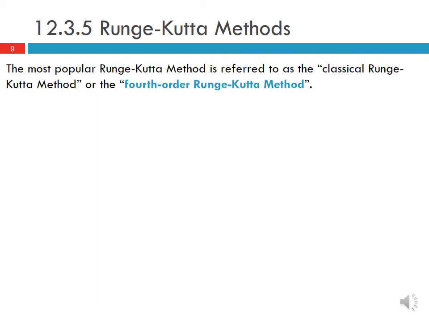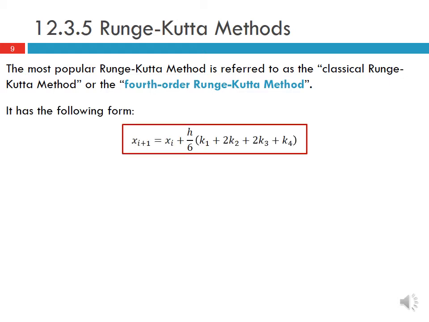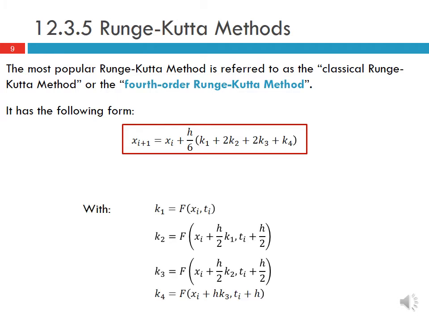The most popular Runge-Kutta method is referred to as the classical Runge-Kutta method or the fourth order Runge-Kutta method. And it has the form shown here. x_{i+1} is equal to x_i plus h over 6 times k_1 plus 2k_2 plus 2k_3 plus k_4, where k_1 is equal to f evaluated at x_i and t_i, k_2 is equal to f evaluated at x_i plus h over 2 k_1, and t_i plus h over 2, so at this intermediate point here.